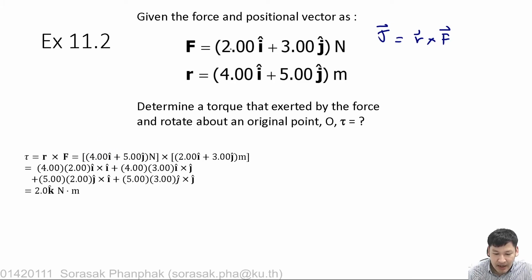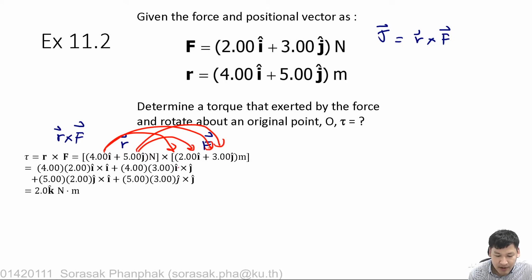Like you have R, so you can write R cross F in terms of R here and F, and then you distribute: first term multiplied with the first term and the second one, the second term of R multiplied with the first term of F, and then the final term. What you have seen here is that if you have i cross i like this, or j cross j like this, the term is going to equal zero.